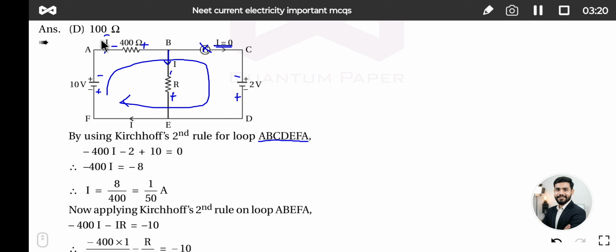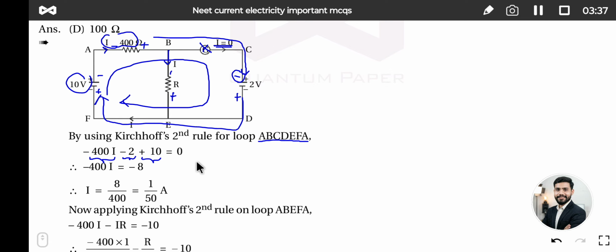Here the current is I and resistance is 400 with a minus sign, so minus 400 I. After that, from here to here, minus 2. Then after that, we are reaching the plus 10 end, so plus 10 is equal to 0. So minus 400 I minus 2 plus 10 is equal to 0.